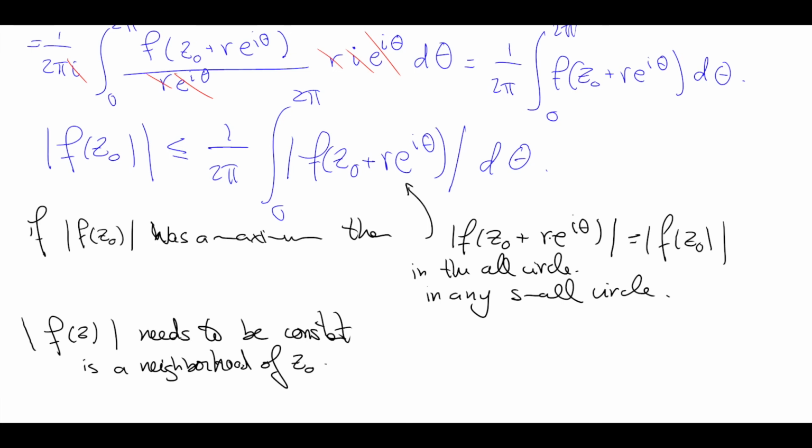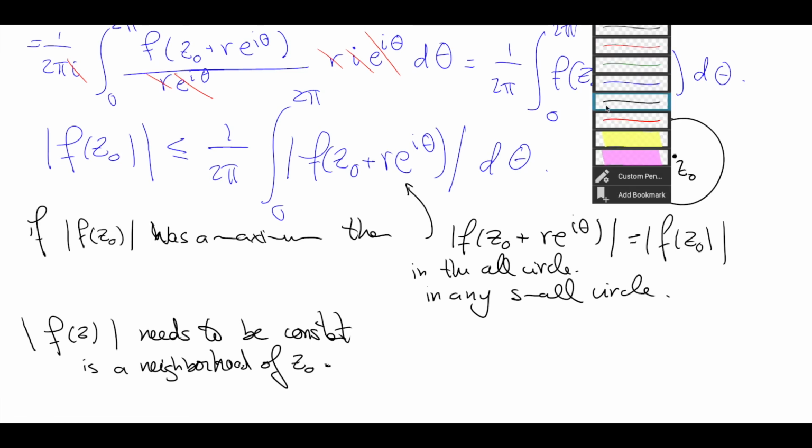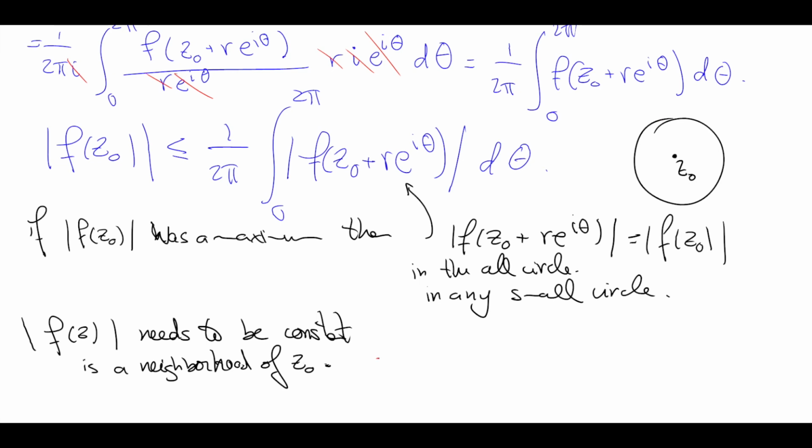For any circle, z0 needs to be the average of the things around it. Since z0 is the maximum and is also the average of what's around, everything needs to be equal. It's not so hard to see, and there are a few different ways of seeing it, that this implies that f of z itself is constant.